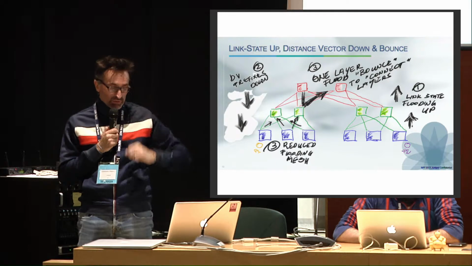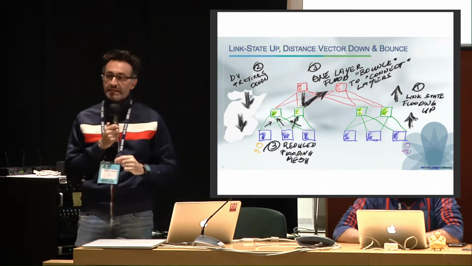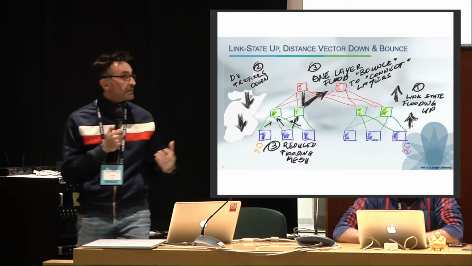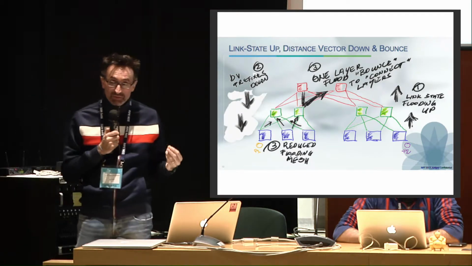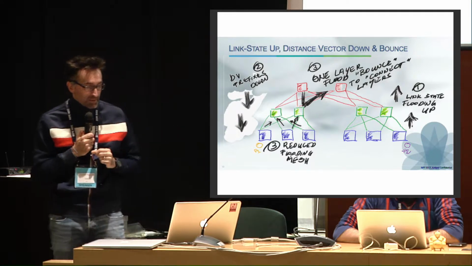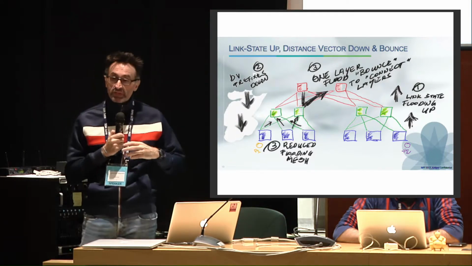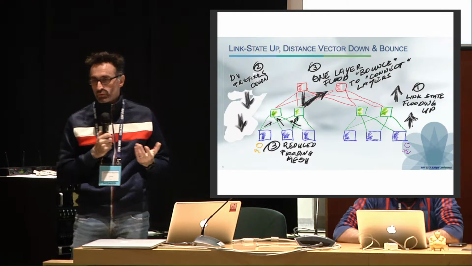So in the north direction, Rift is behaving like a link state protocol. It means that Rift LSAs, let's say, that are named TIEs, topology information elements, are distributed and flooded very similar to a link state protocol.